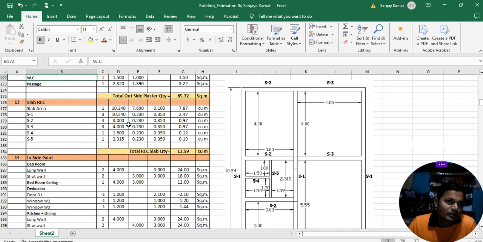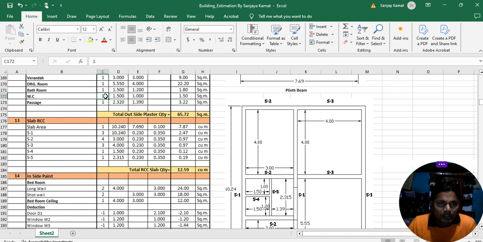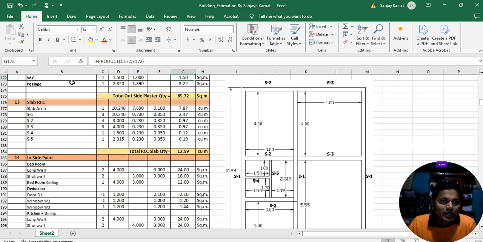Now we are going to do the center wall. Okay. Center wall number is 1. Length is 1.5 meter. Breadth is 1 meter. After multiplying these three terms, you will get 1.5 meter square. Now we are going to work for the passage. Passage number is 1.